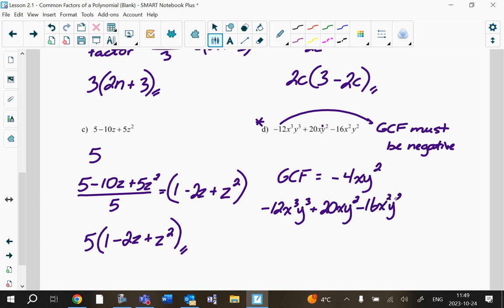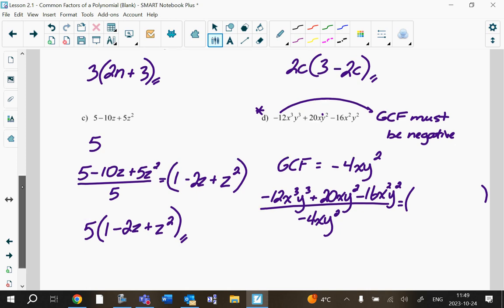All of that divided by the GCF, which is negative 4xy squared. And that answer is going to be in parentheses. That's our second factor. So we're not going to see too many of these. Generally, we factor 2 or 3 terms, a binomial or a trinomial, and the exponents and variables don't get too crazy.